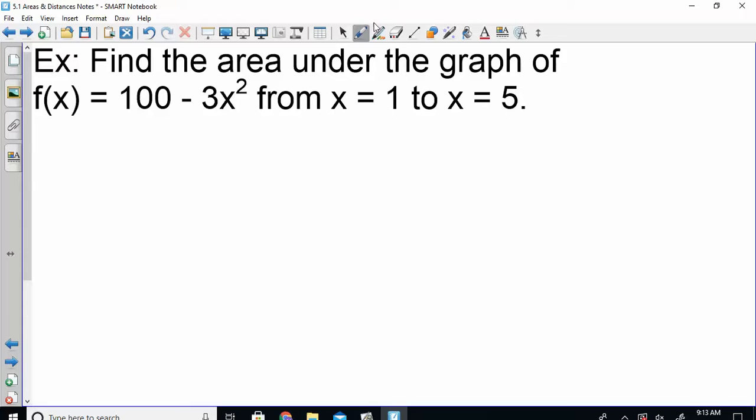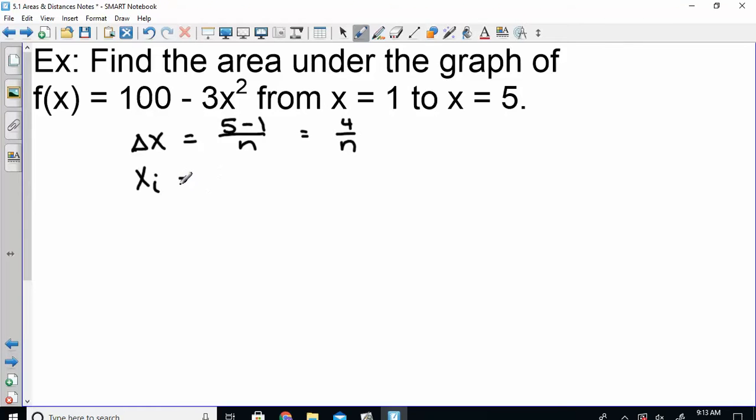So, if I'm finding the exact area, you have to start with 2 pieces of information. Change in x and your x sub i. And we do these the same way every time. Change in x is your ending minus your beginning divided by n.